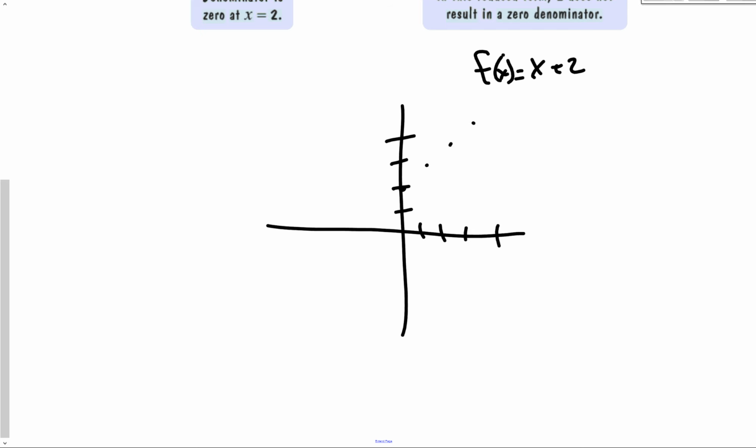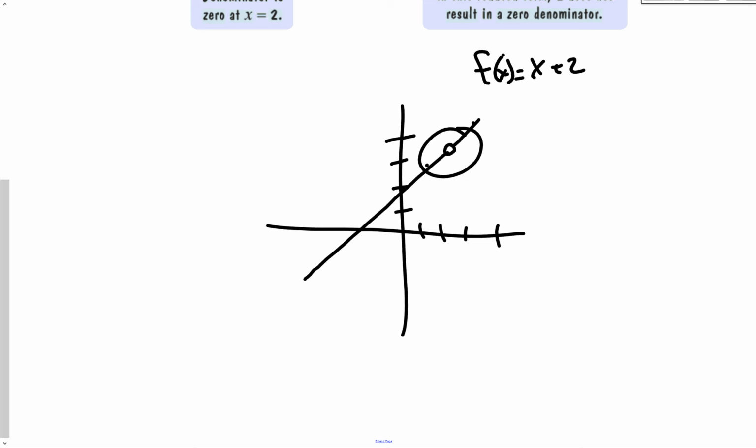It's just a line. The trick is, at x is equal to 2, at this point right here, instead of putting a dot, I would put a hole in the function. So this is what my graph looks like. It looks like a normal line, except for this one place where there's a break in the function.